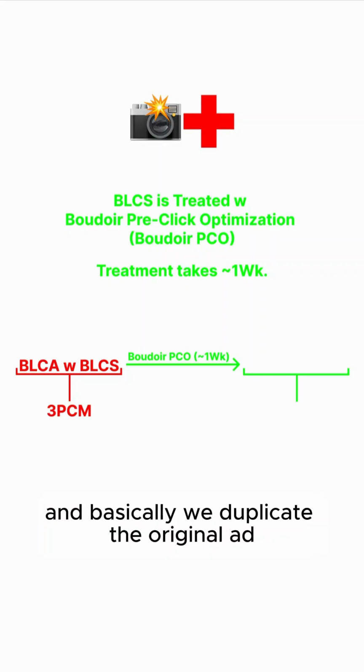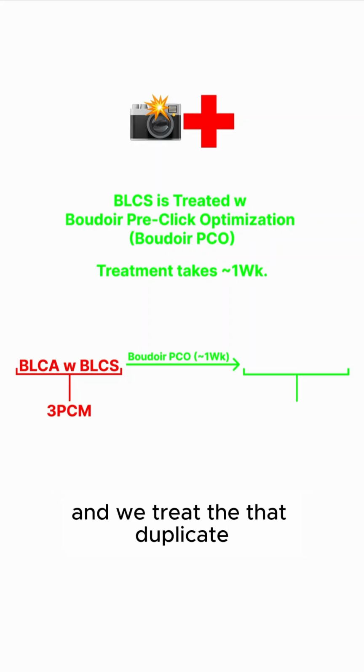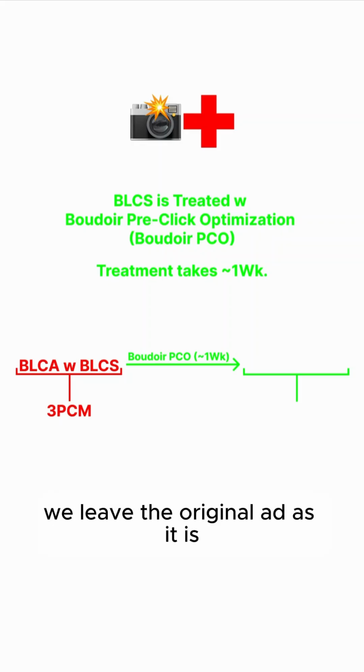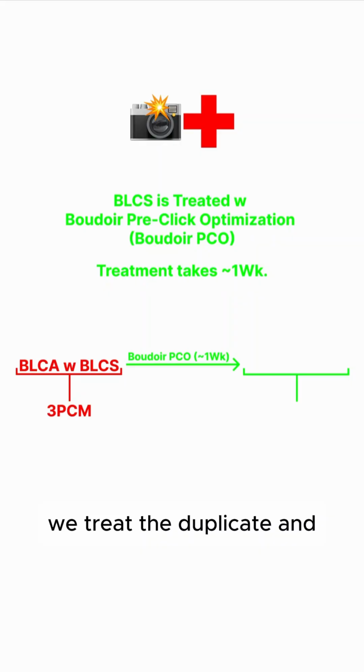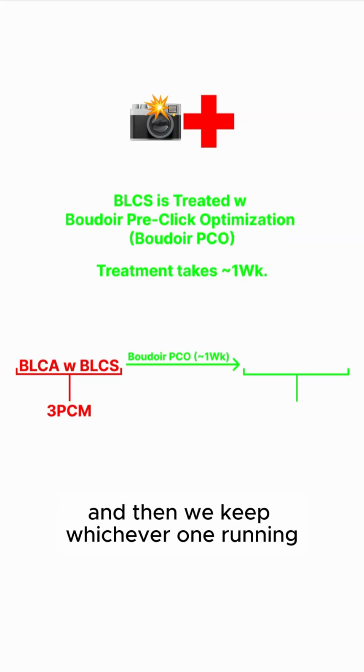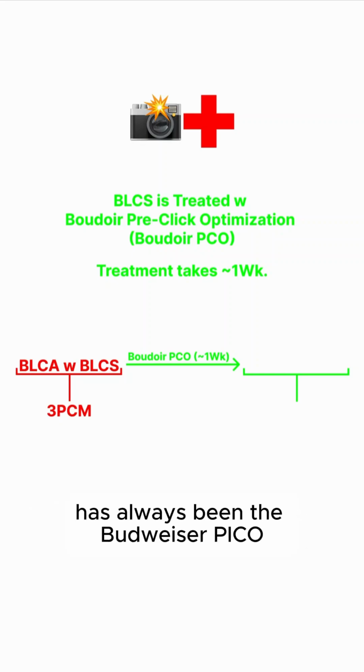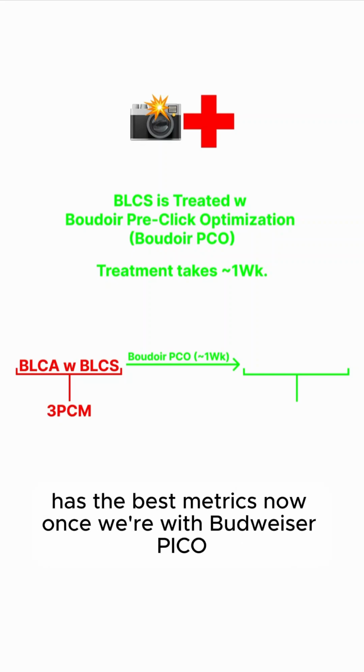Basically we duplicate the original ad and we treat that duplicate. We leave the original ad as it is, treat the duplicate for a week, and then we keep whichever one has the best metrics, and it has always been the Boudoir Pico that has the best metrics.